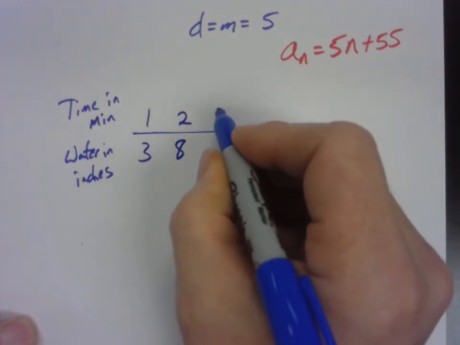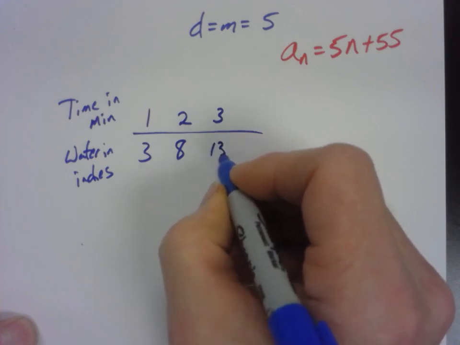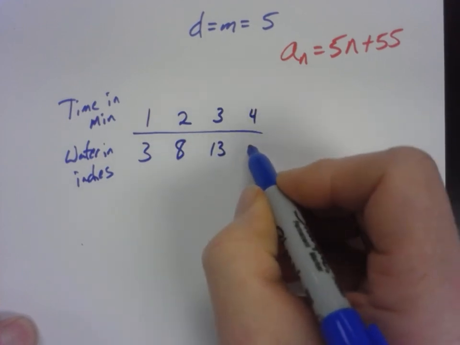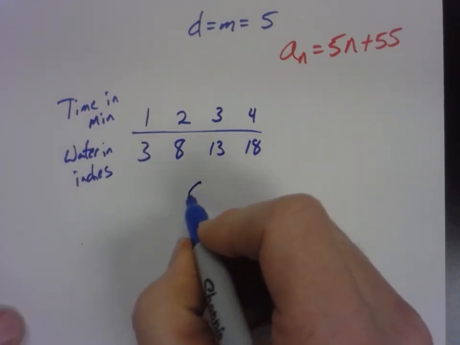In 3 minutes, 15. And 4 minutes, what's the common difference? It's 5. So every minute the water's coming up 5 inches. So that's our common difference, or our slope.